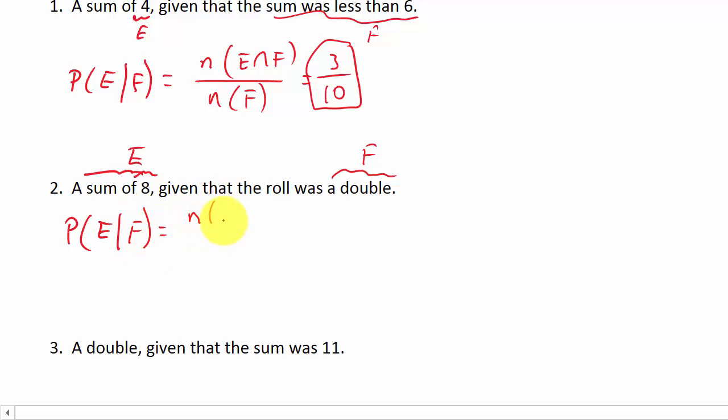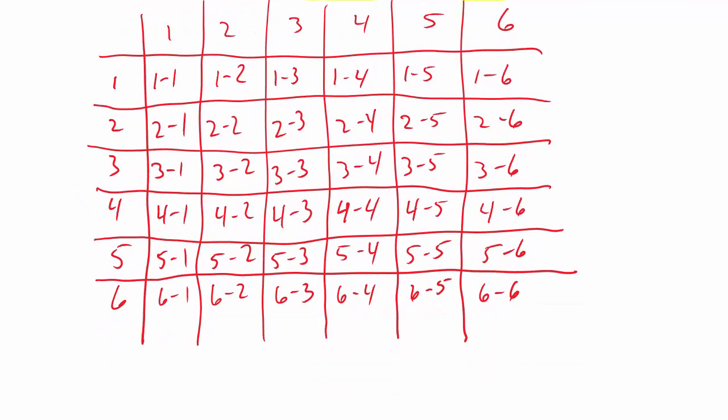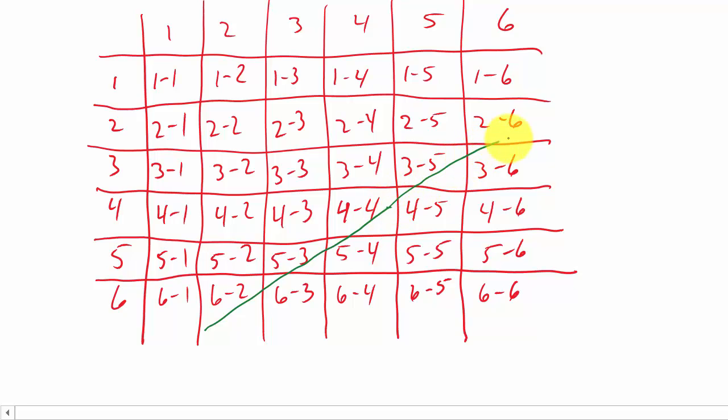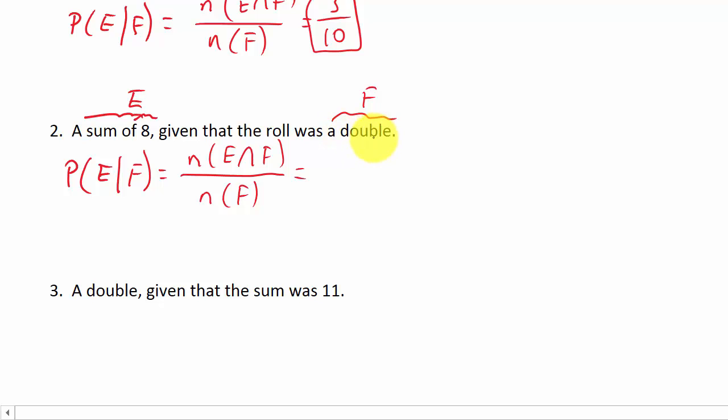So that's the number in E and F over the number in F. Okay, so let's see, a sum of 8. Okay, let's circle that. Where's a sum of 8? That would be all of these.